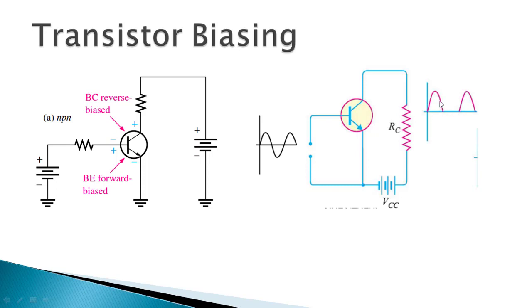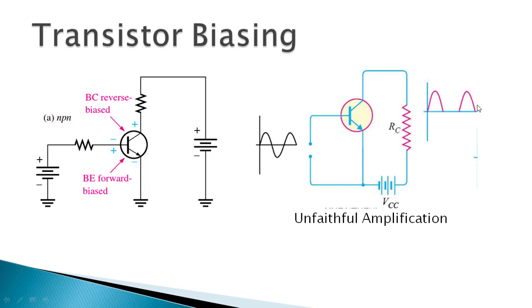So in an unbiased transistor, if we give an AC signal to the input, then we can get only positive output. So this is called unfaithful amplification. We are giving AC consisting of both positive and negative, but in output we can get only positive.